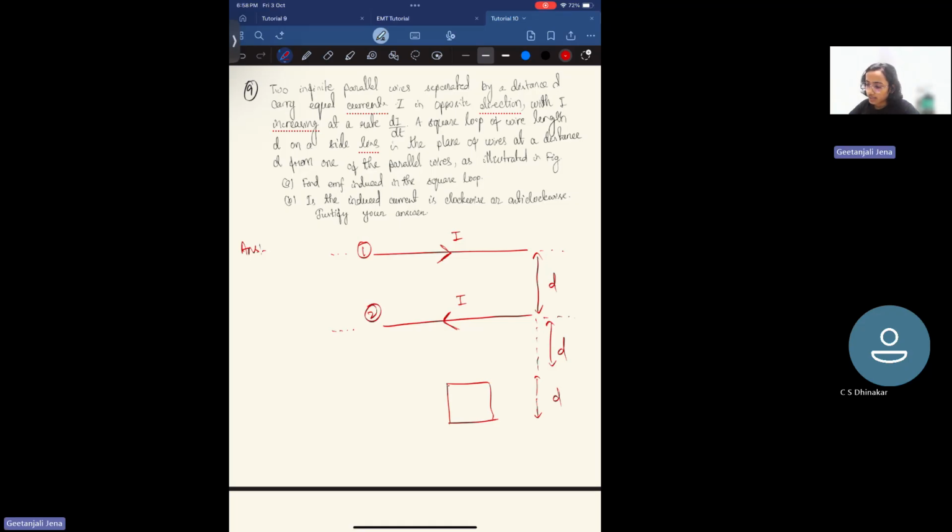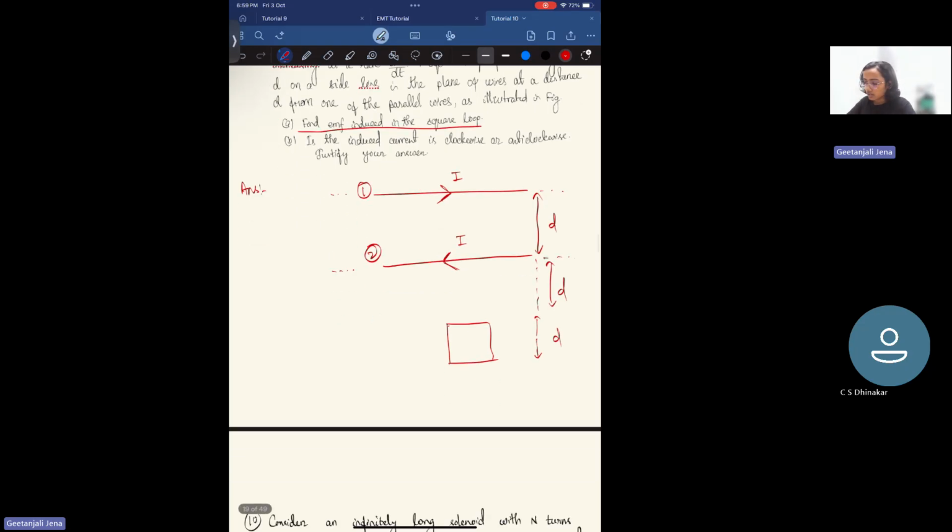So for this case, the first option is find the EMF induced in the square loop, and B is, the induced current is clockwise or anticlockwise. Justify your answer. So first we need to calculate the EMF, which is quite easy because we know how to calculate the magnetic flux due to an infinite wire on a square loop.